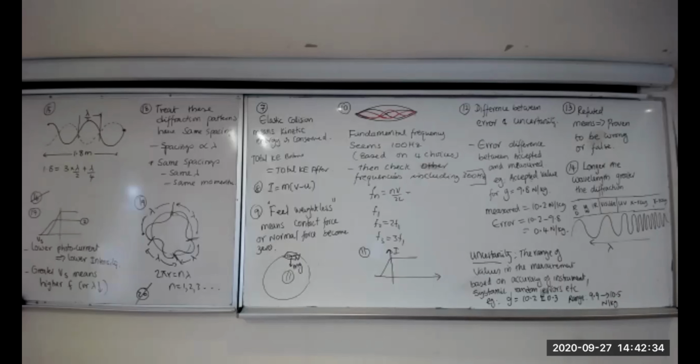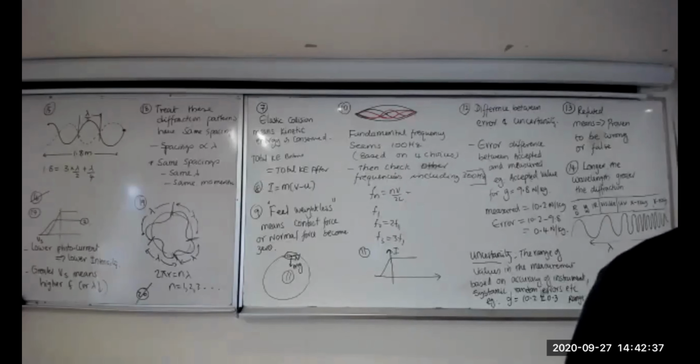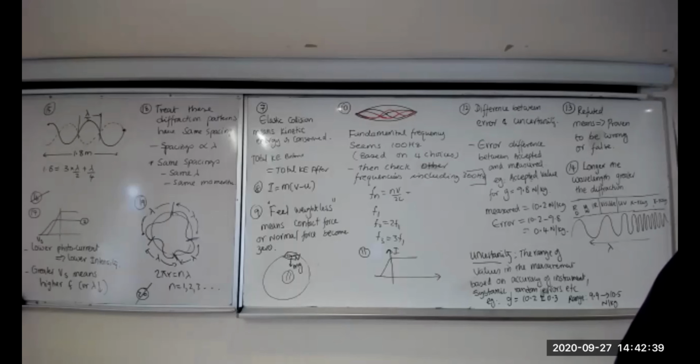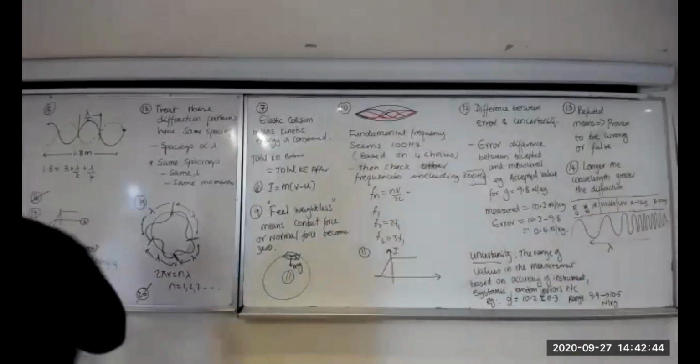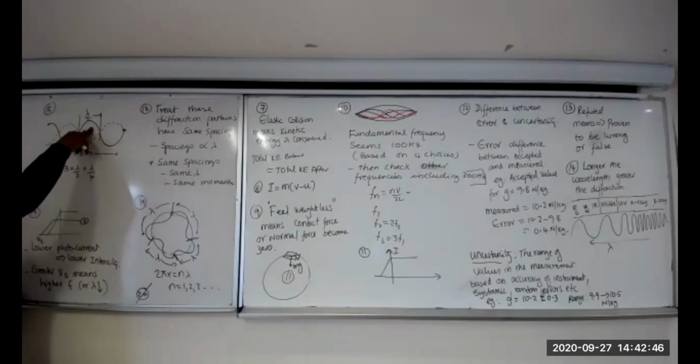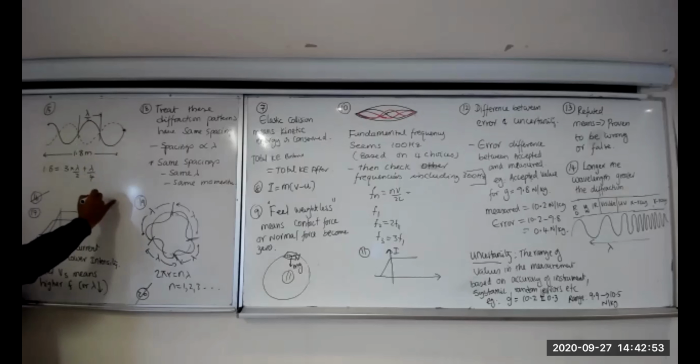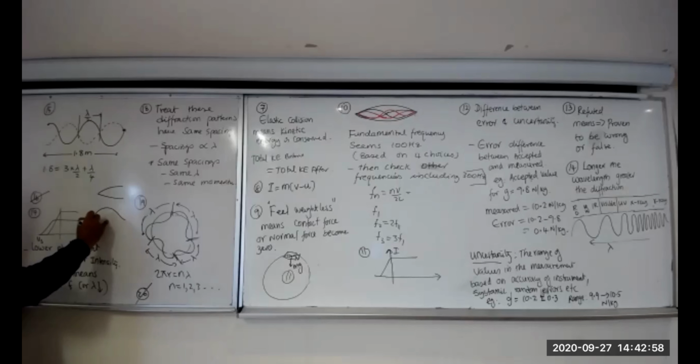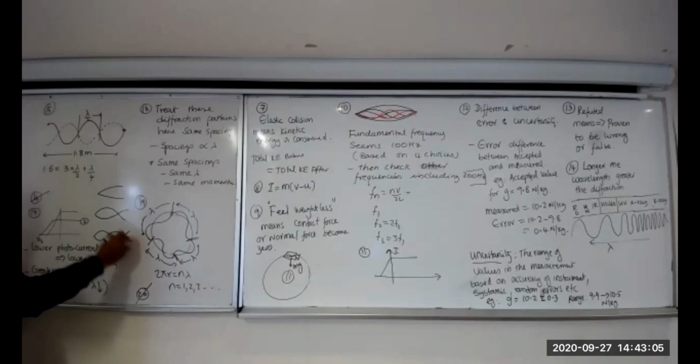Okay, I'll put the answers, guys. Question 15. They ask you to find distance D. Distance D, you can see, is half a wavelength. So this is like the seventh harmonic. Remember, fundamental, third harmonic, because you can't produce even harmonics with one end free, and that's the fifth harmonic, and that one is the seventh harmonic.